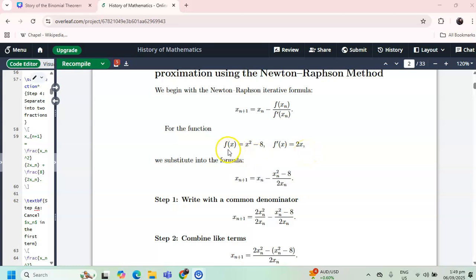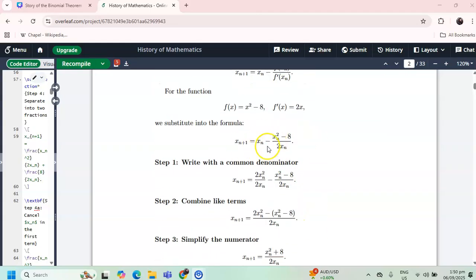So we now have f of x and f prime of x. As we substitute these two functions into the formula, the new approximation is equal to the old approximation minus x squared minus 8 over 2x. We manipulate this.